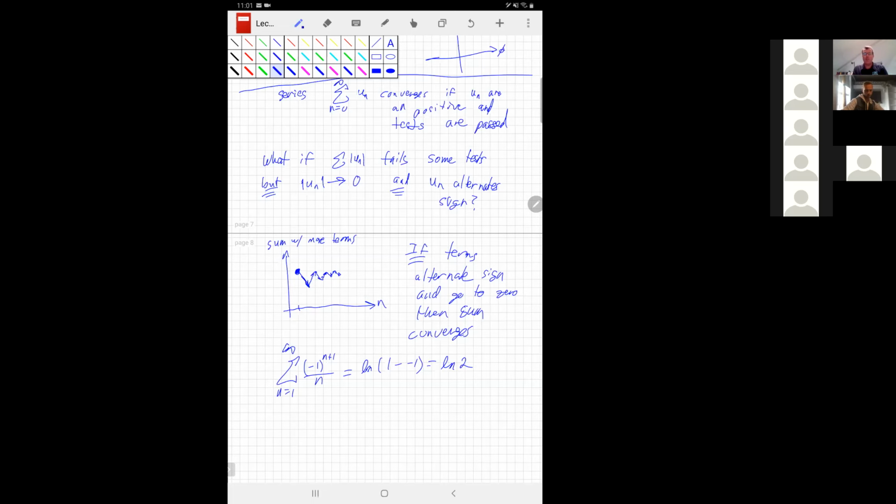You just take your series for the ln of 1 plus x, and you plug in x equals 1. And this is a series.